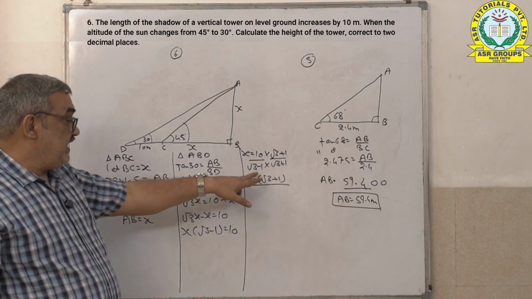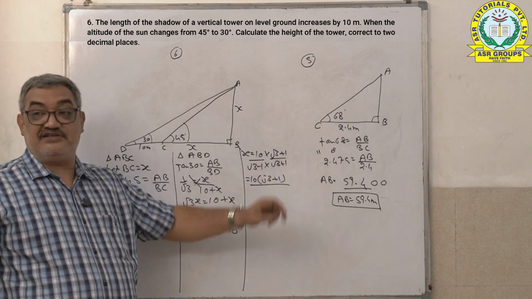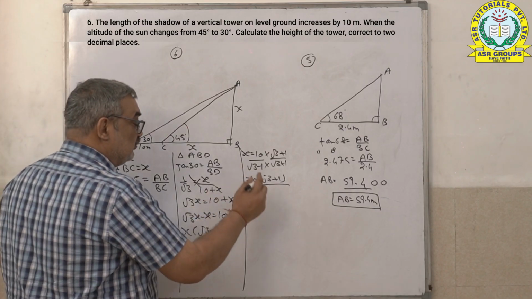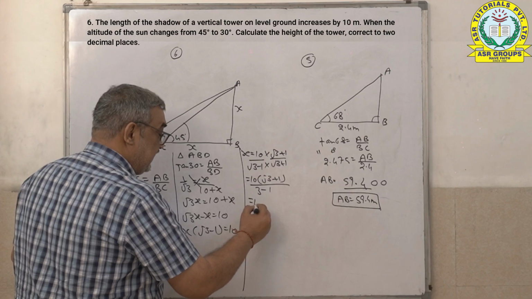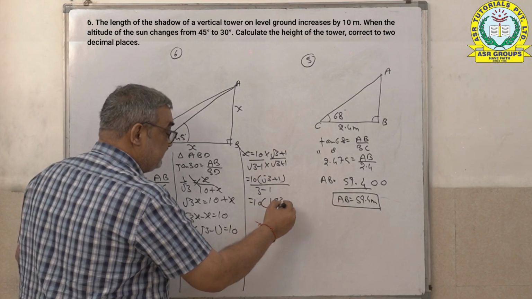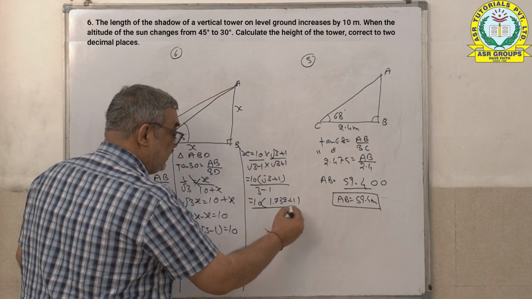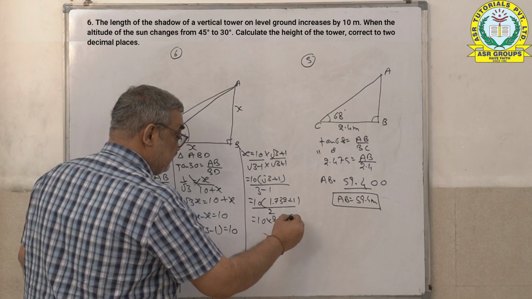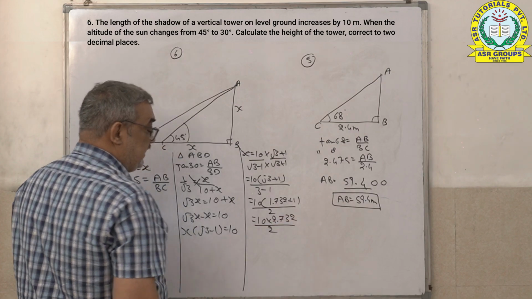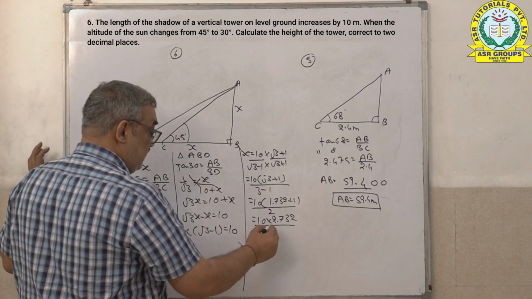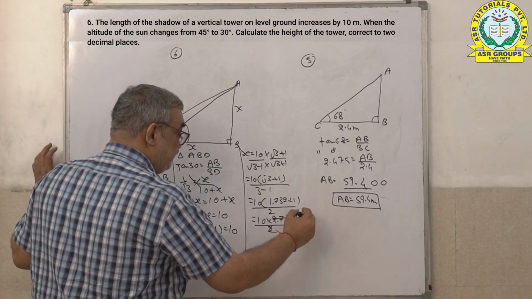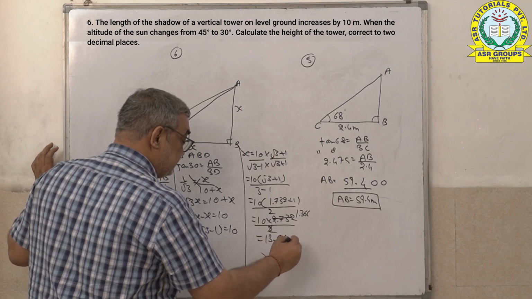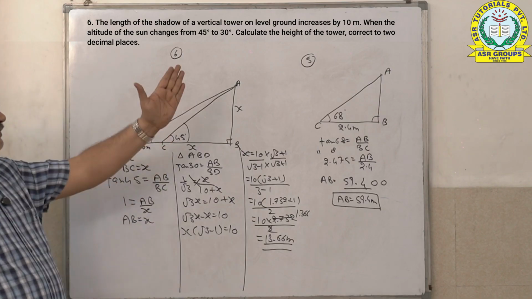Now, a minus b into a plus b is a square minus b square. So, root 3 square is 3 minus 1, 2. 10 into 1.732 plus 1 upon 2. So, 10 into 2.732 upon 2. Now do cancellation. 13.66. My answer is 13.66 meter.